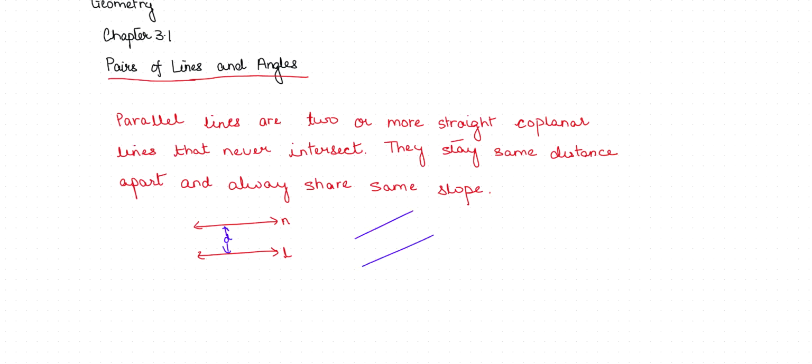And whenever two lines are parallel, we show them with the same arrow in between like this. Okay. So they are coplanar and they never intersect and they have the same slope and the same distance always.